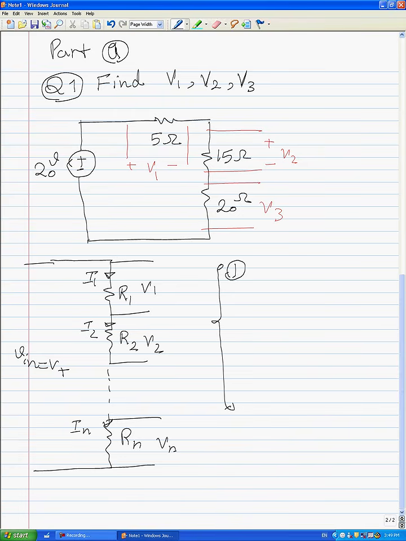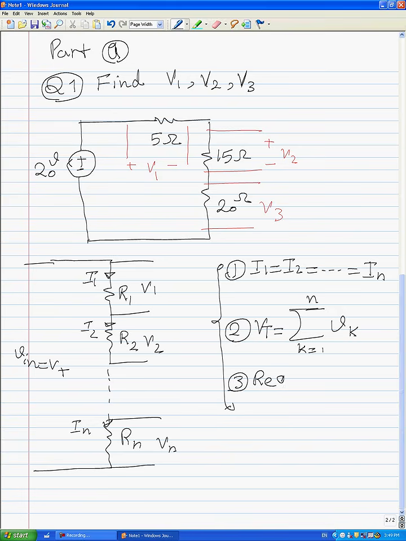Rule 1 says I1 is equal to I2 and is equal to In. Rule 2 says total voltage or input voltage is equal to the summation of all divided voltages, like this. And rule 3 says equivalent resistance is equal to the summation of all resistances, like this.